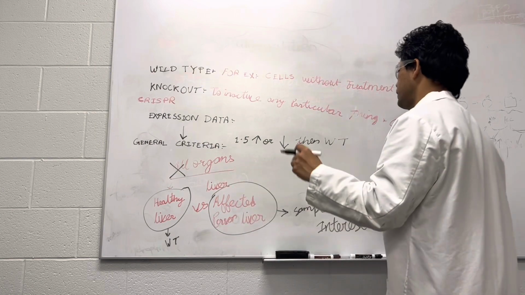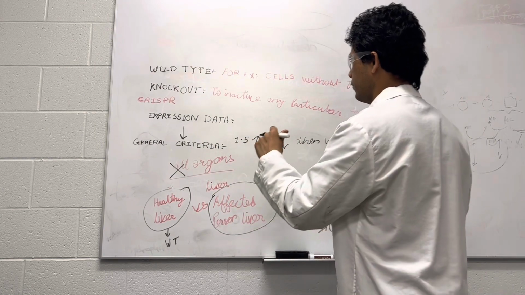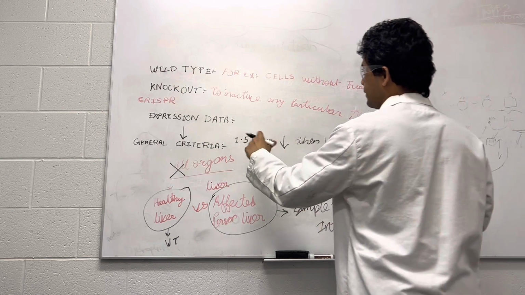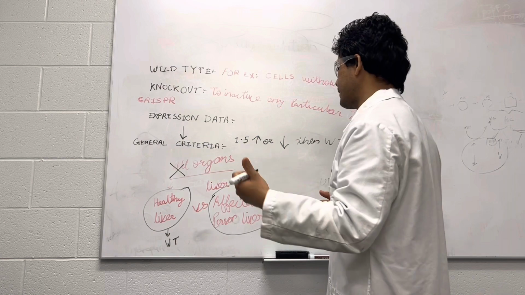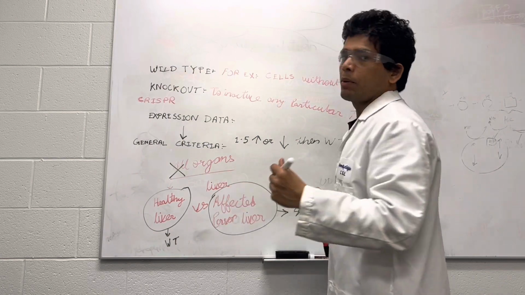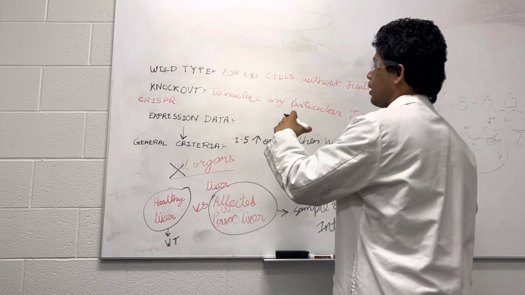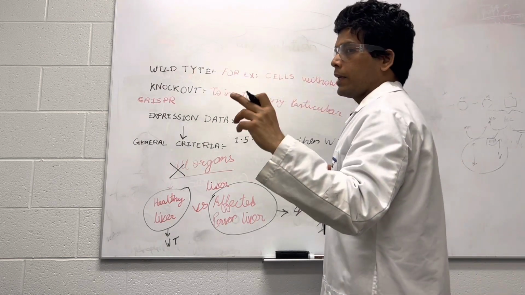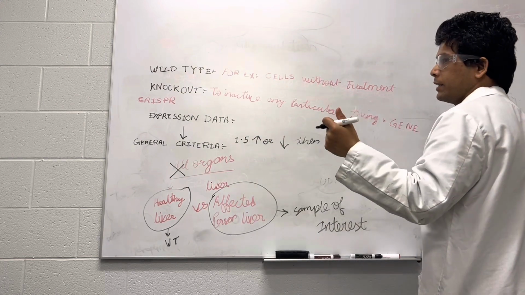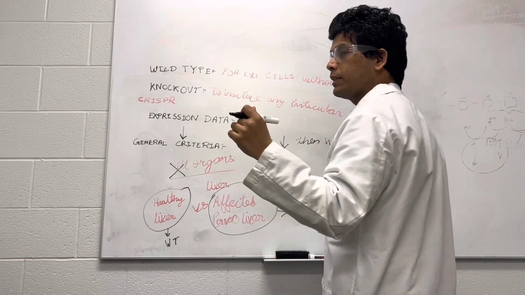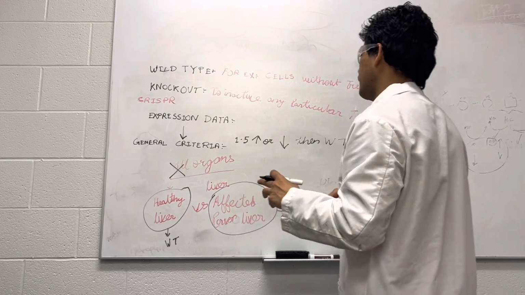For now, we just need to understand the general criterion: if something is 1.5 times more or less than the wild type in the sample of interest, then that is not considered normal behavior. That protein is affected by something in the sample of interest.